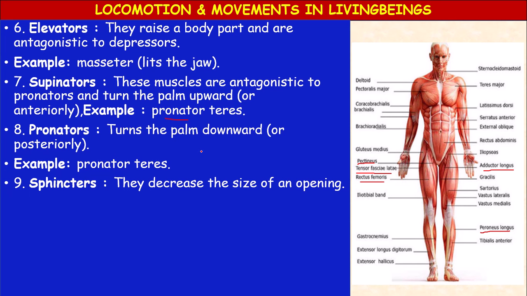Sphincters are muscles which are present internally. They decrease the size of an opening. For example, the pyloric sphincter in the digestive system, a slit-like structure which allows a small amount of food from the stomach into the duodenum.